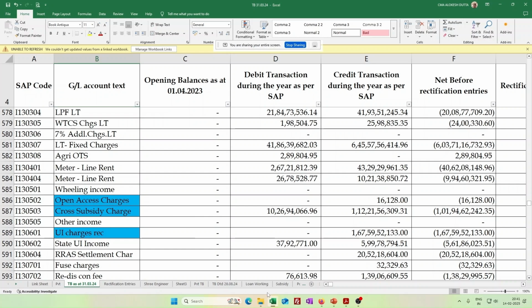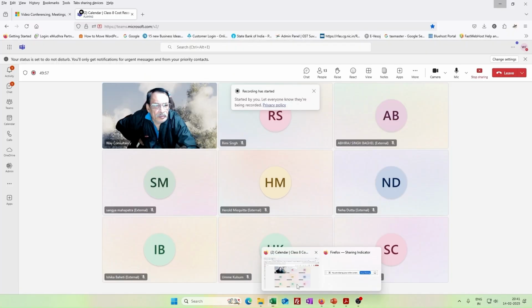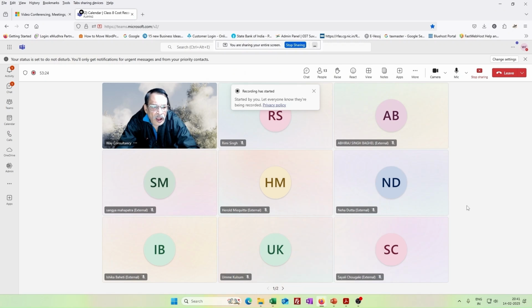Now, tell me one thing. What is the meaning of power distribution company? Can anybody tell? What are the different types of power companies? Can anybody tell? Shaili?